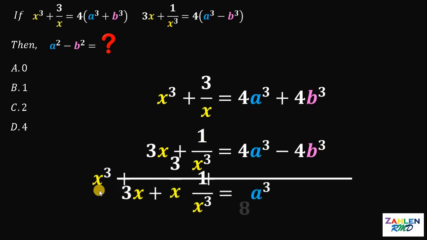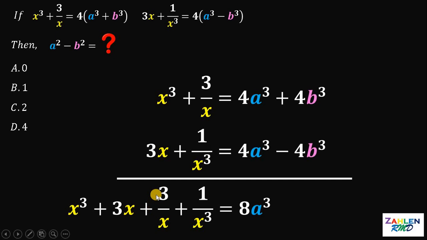If we do that, we get x cubed plus 3x plus 3 over x plus 1 over x cubed equals 8a cubed. Now this 4b cubed and negative 4b cubed cancel out. Also notice that this expression on the left hand side is somewhat familiar because if we expand a plus 1 over a raised to 3, this will give us a cubed plus 3a plus 3 over a plus 1 over a cubed.